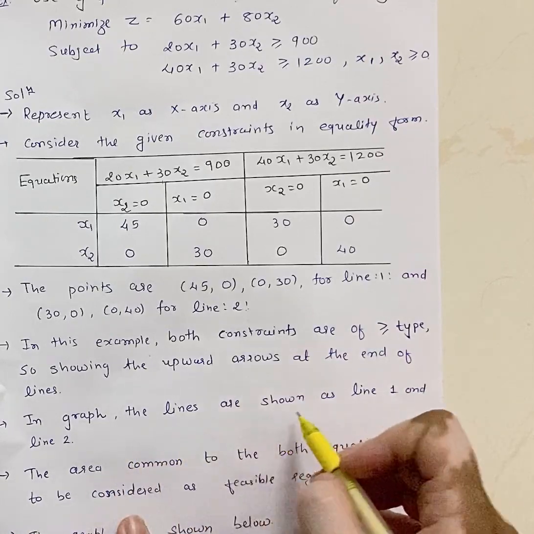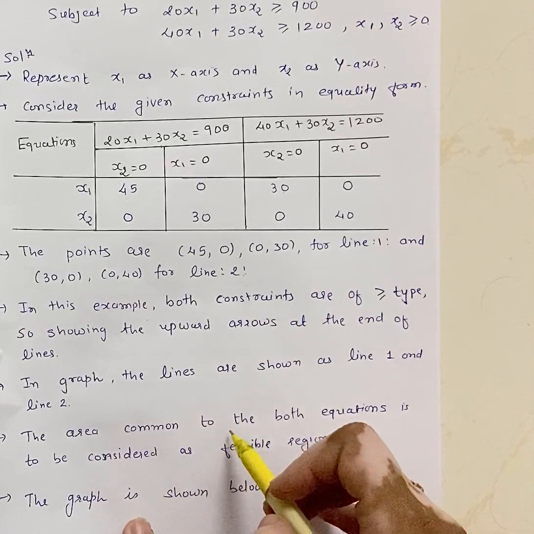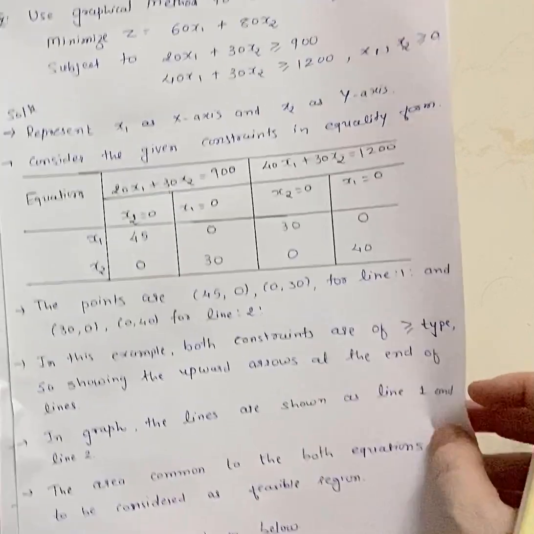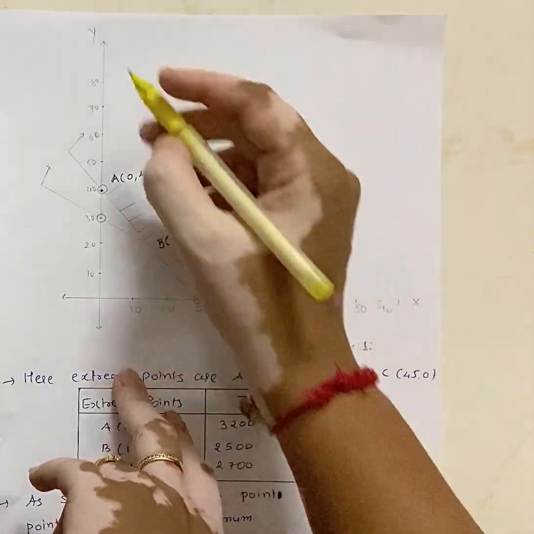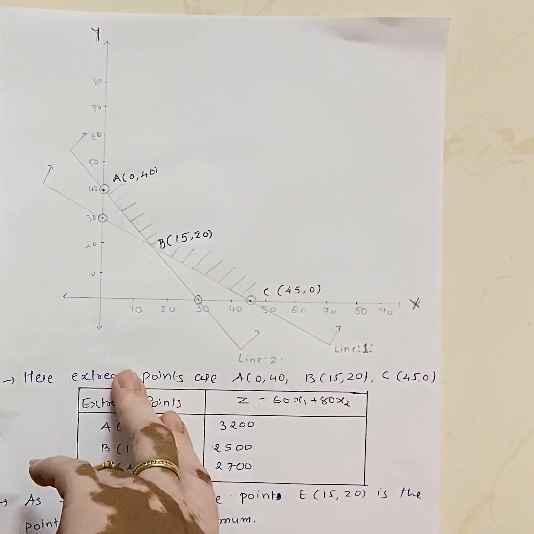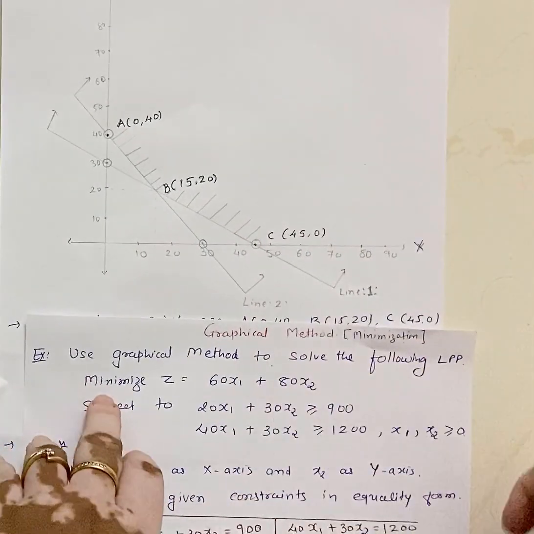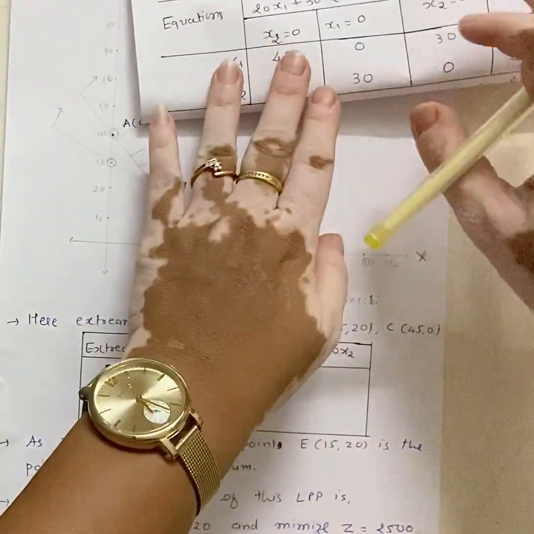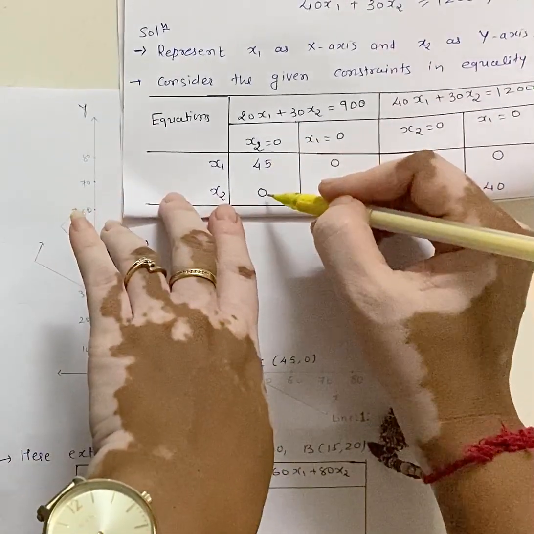In the graph, the lines are shown as line 1 and line 2. The area common to both equations is to be considered the feasible region. And here is the graph. This is our y-axis, this is our x-axis. Your first point is 45, 0.